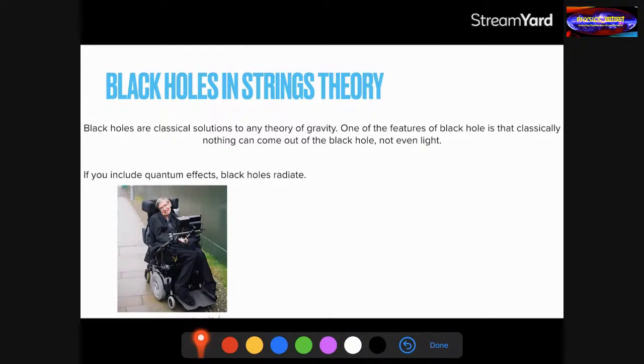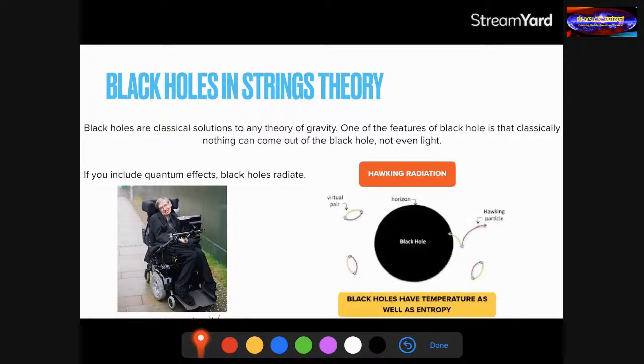He said that if you include quantum effects, black holes radiate. This is known as Hawking radiation, and the rough way of seeing it is via this picture. When you have quantum effects, in our vacuum, pair creation always keeps happening. Particle-antiparticle pairs are created.